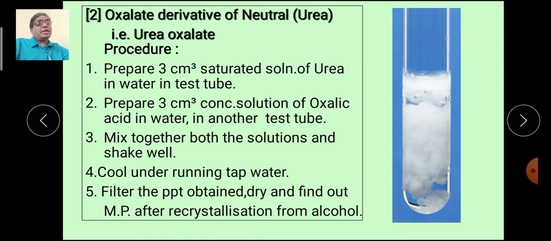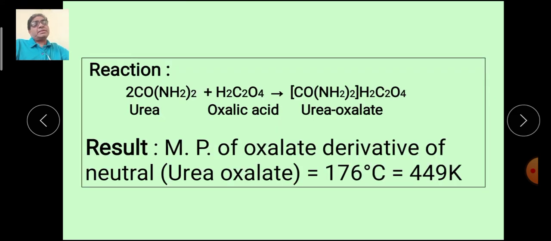Add alcohol to the compound so that it dissolves, and then add water and you will get the compound regenerated. Filter it and find out its melting point. In the reaction involved in this oxalate derivative, we have taken the urea compound, added the oxalic acid solution, and urea oxalate is obtained.